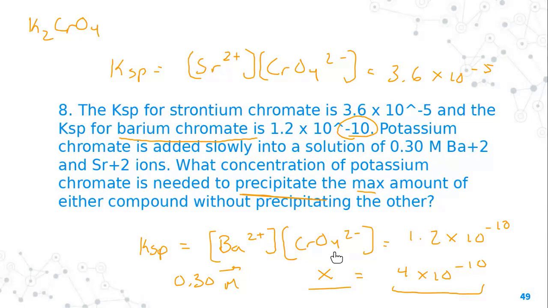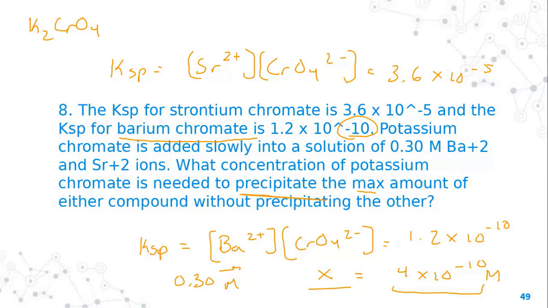And then we don't know what is the concentration that we need for chromate in order to get this Ksp value. So that's why we were solving for this X value right here. So we divide that by 0.3 and we can get this value right here. So this is the minimum amount of chromate, in terms of molarity, that is needed to start precipitating barium chromate.